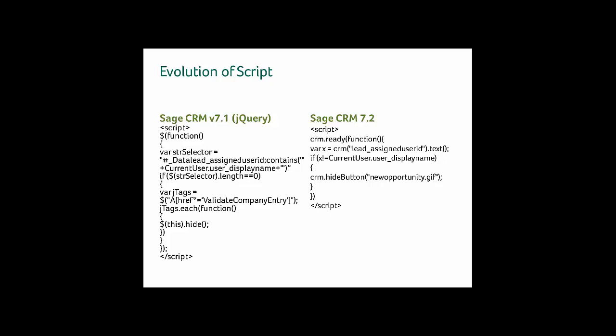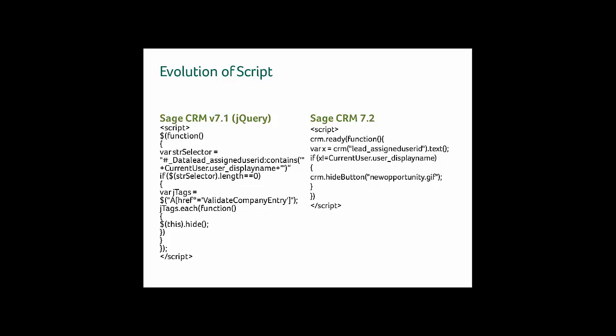Unfortunately, in Sage CRM, when we move from version to version, and the move from version 7.2 to 7.3 and the introduction of the new contemporary theme is a case in point, we cannot make the assumption that our HTML that is generated is going to remain the same or is going to change in a predictable way between versions.